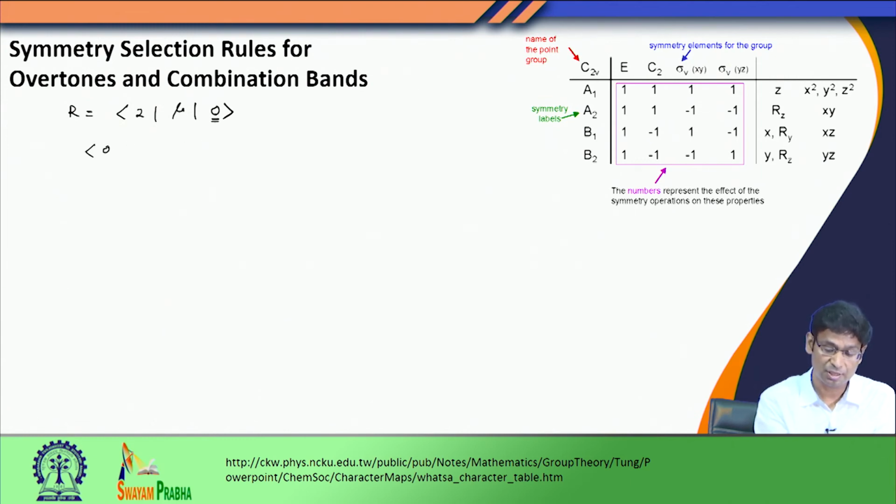So, suppose I am considering 0 to 0 mu 0 0 0. Is this transition allowed or not? To obtain this answer, we again do the same thing. We find out the symmetry of the dipole moment, that is, we already know B1 plus B2 plus A1. The initial state, since it is the ground state, has total symmetric A1.